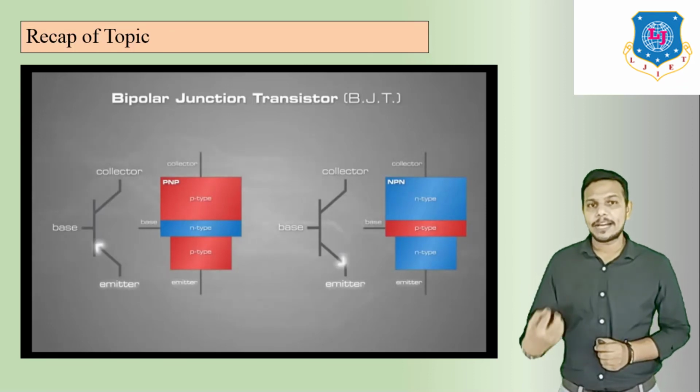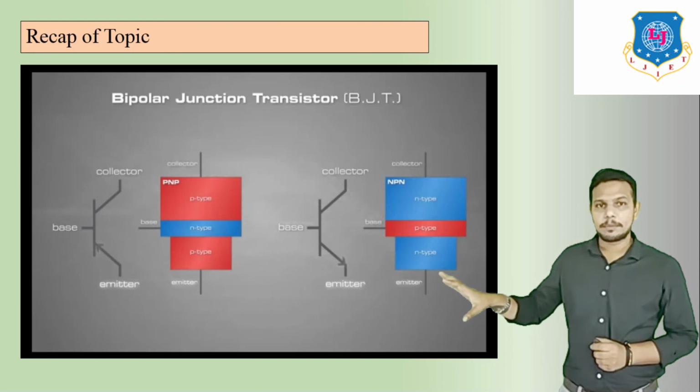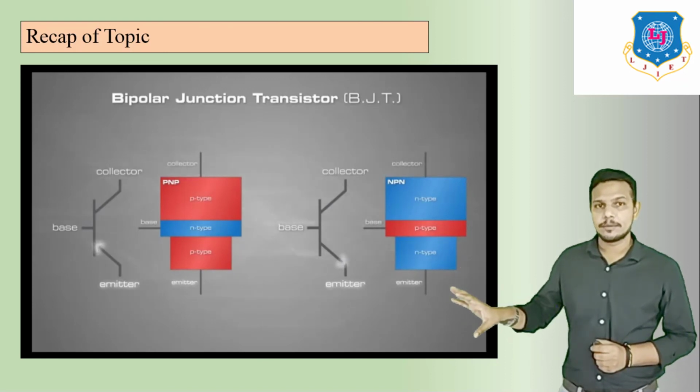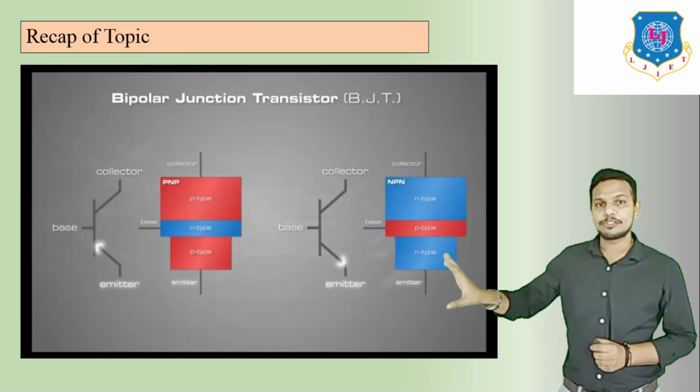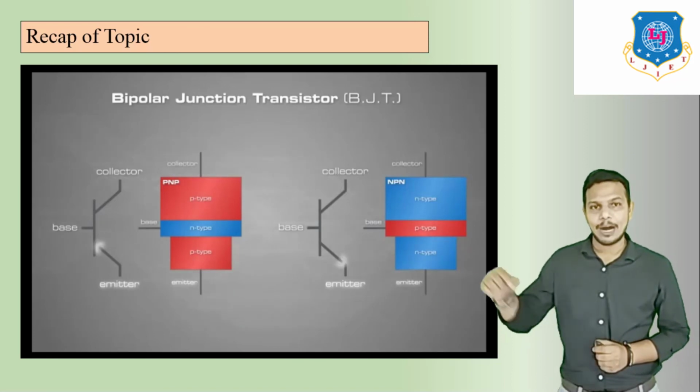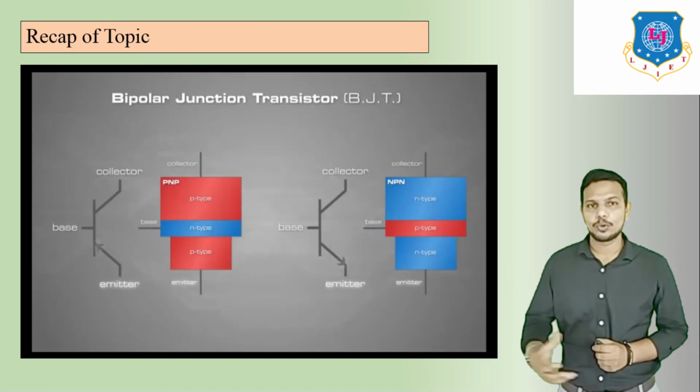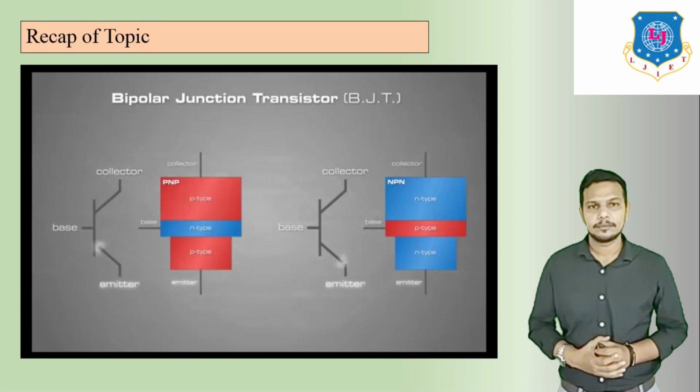Now, how can we identify a PNP or NPN transistor? With the help of this arrow. If the arrow points outward, it shows it is NPN, and if the arrow points inward, it shows PNP.